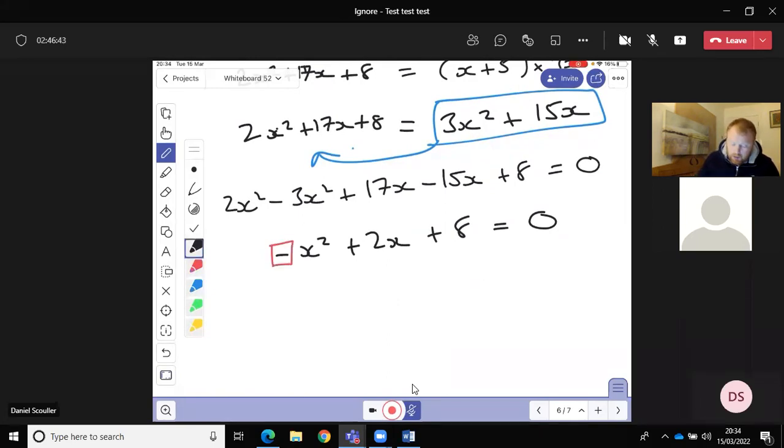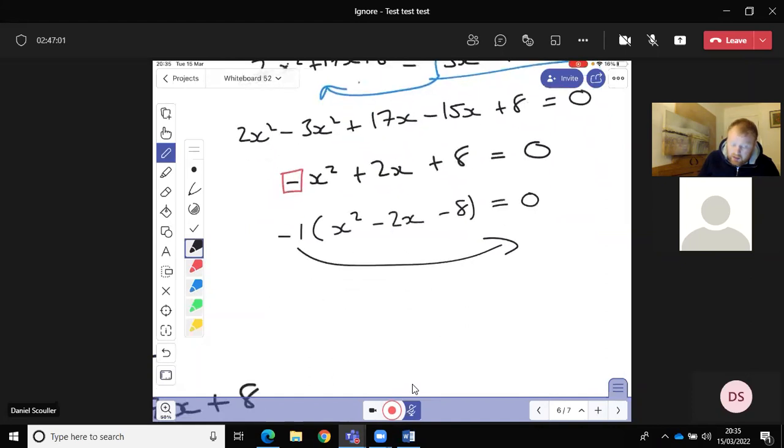So to remove that negative, we take out -1 as a common factor, and have x squared minus 2x minus 8 equals 0. That -1 just disappears because we take it to the other side.